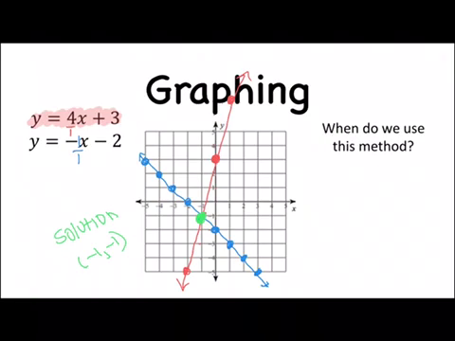This is probably the easiest way that we know of finding solutions at this point, but it's not always the easiest version to use. So over here we have a question. It says, when do we use this method?